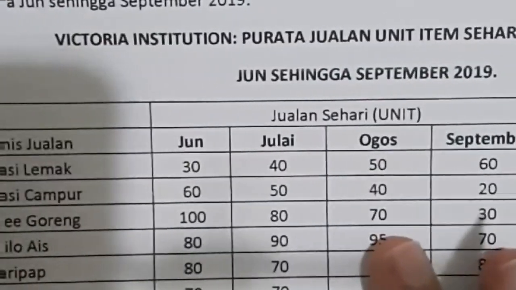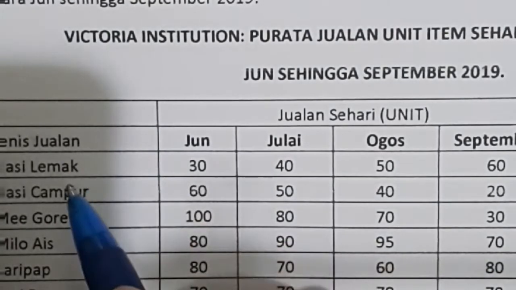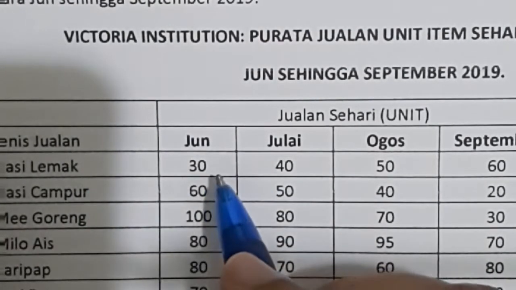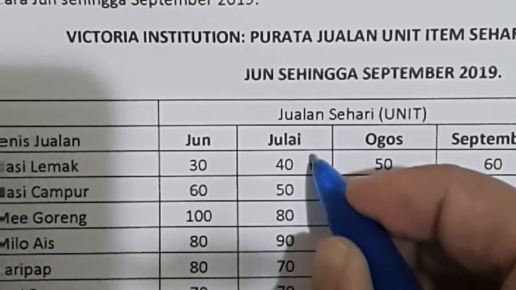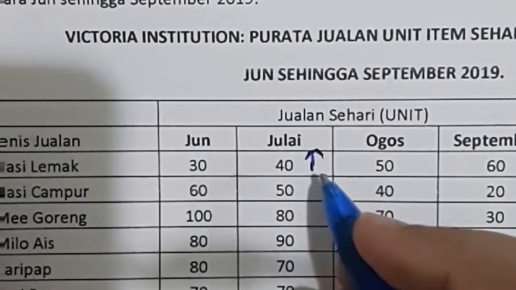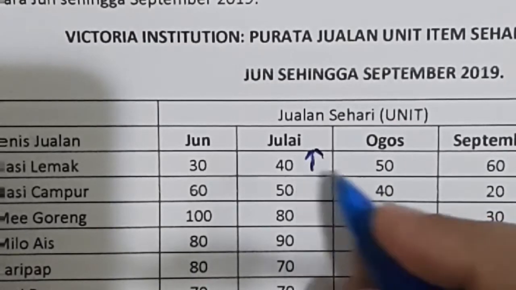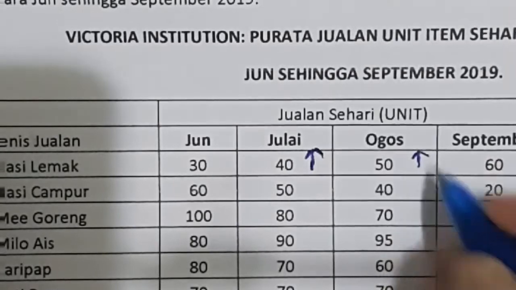Okay, the first one is, okay, you look first, nasi lemak. Can you see nasi lemak? Okay, in June, it was 30 units. And then in July, dia naik 40 units, right? So naik 10 units, so you buat satu anak panah ke atas ni tu, okay? And in August, 40 jadi 50, dia naik ke menurun? Naik kan? So you make another anak panah.